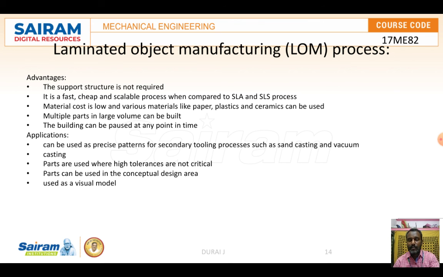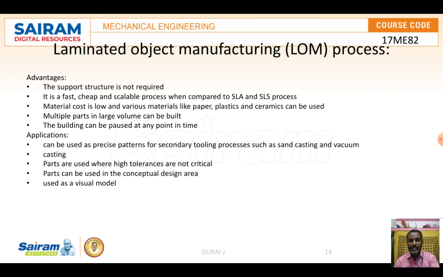Here, the advantages are that support is not required, so it is a fast process. The material cost is low, and we can produce a larger number of components. The building can be paused at any point of time. These are all the advantages.